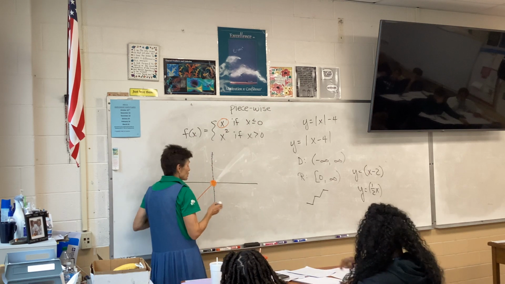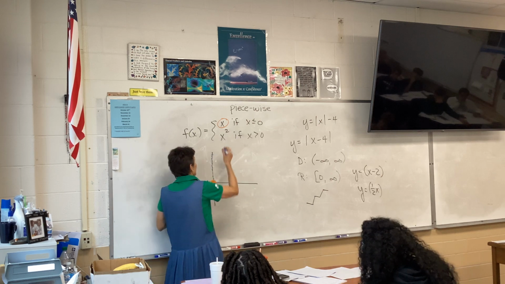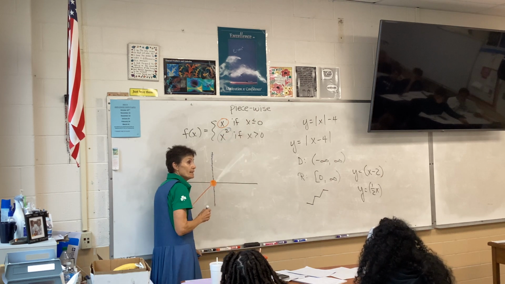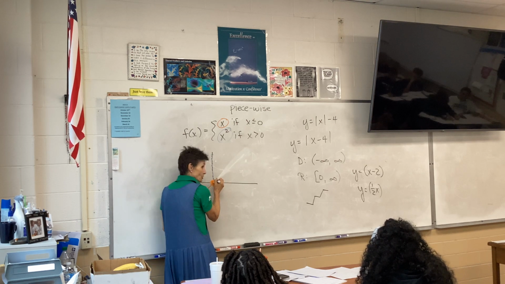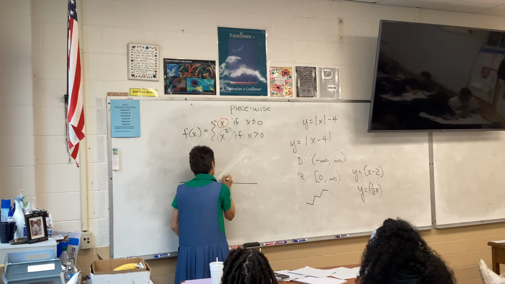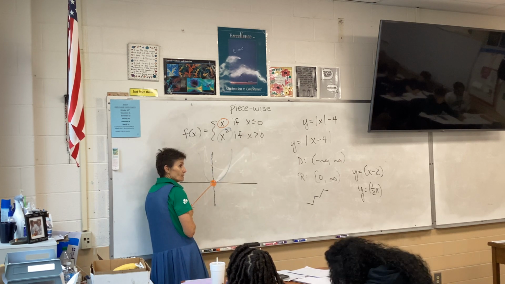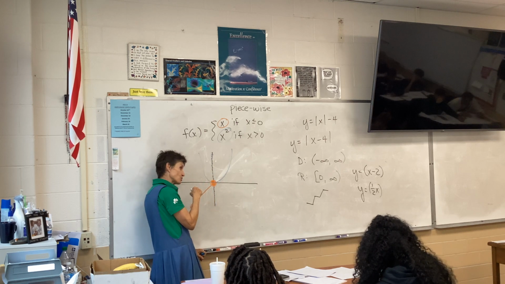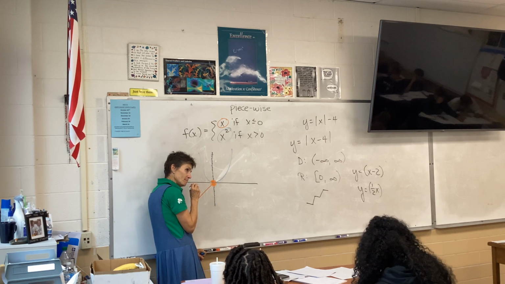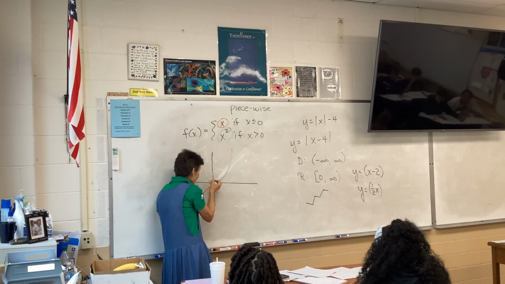Now, what shape is the second piece of the function? It is a parabola. And it also starts at the origin. So up it goes. There's my parabola. Now, usually the pieces don't have that point in common. So normally I would have another dot somewhere. But here I have a dot here.